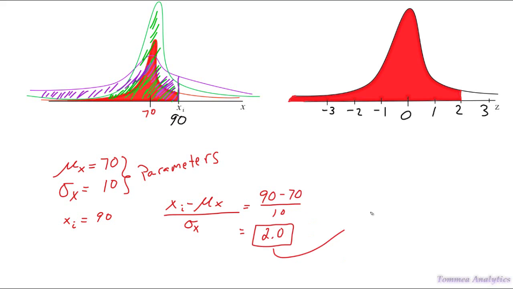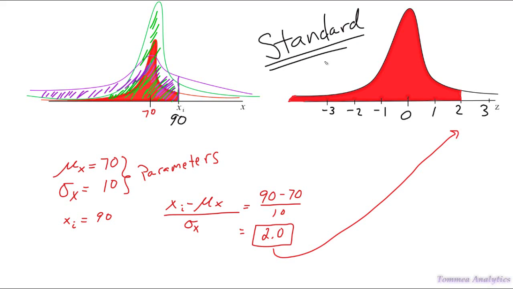We take the 2.0 and we bring it over here to what we call the standard normal distribution. Now it is extremely important that you understand the terminology. On the left here, we do not use the word standard to describe the distributions because the mean and deviation can take on many different values.